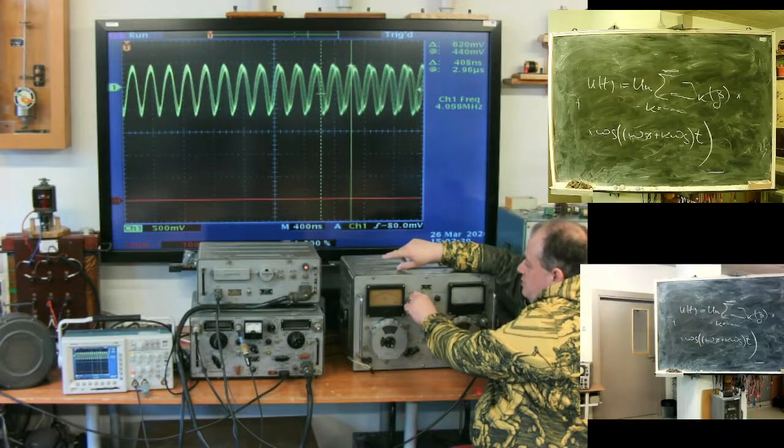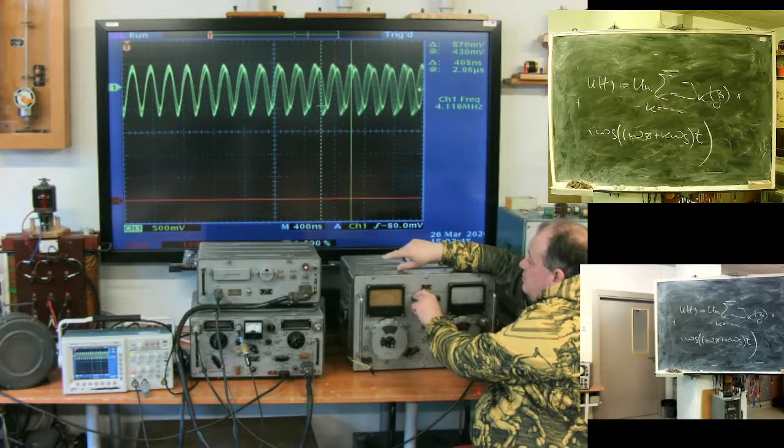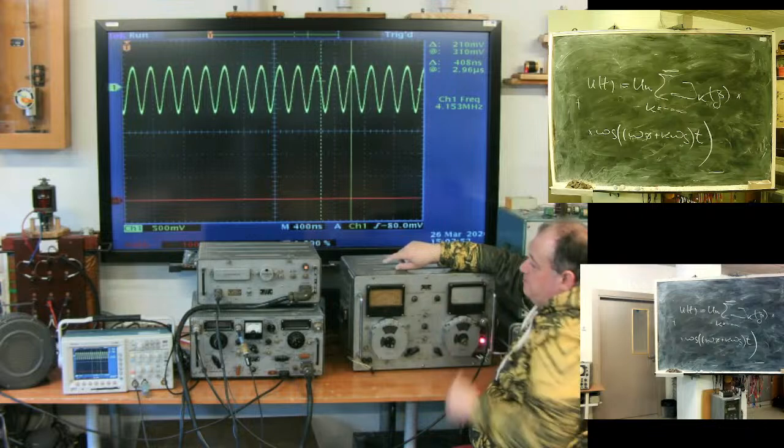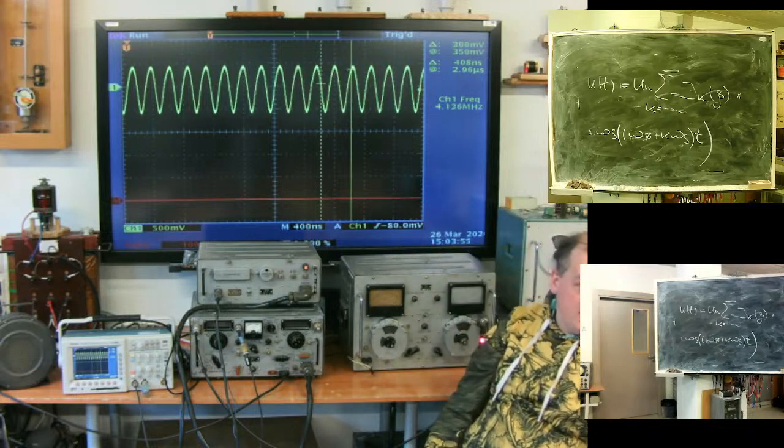No deviation, 75 kilohertz of deviation. 0, 75 kilohertz. Okay.